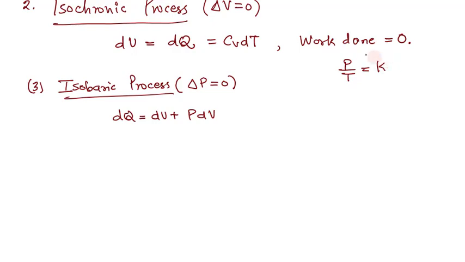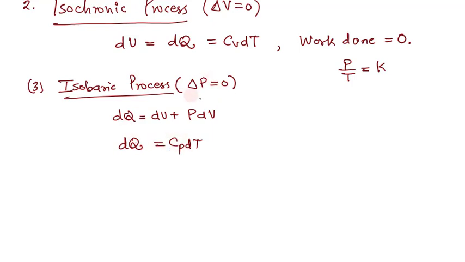Let me write it as K. For the isobaric process, dQ is defined as dU plus P dV. And you can rewrite this quantity dQ as Cp dT, that is the specific heat at constant pressure.